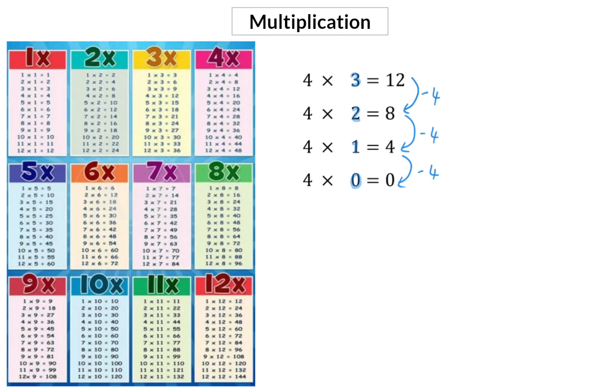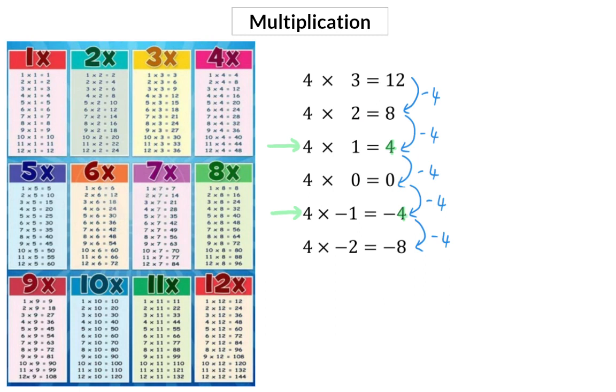Next up in our pattern would be 4 times minus 1. And if we continue the pattern on the right, the value will be minus 4. Similarly, if we now multiply 4 by minus 2, we will get minus 8. You will see that multiplying by 1 and multiplying by minus 1 gives us the same answer of 4.